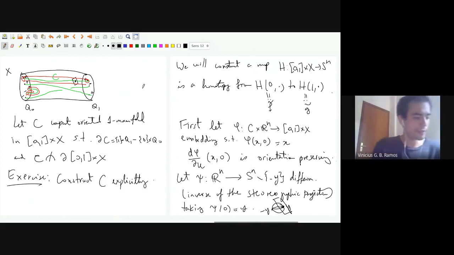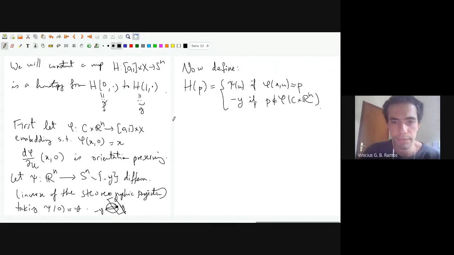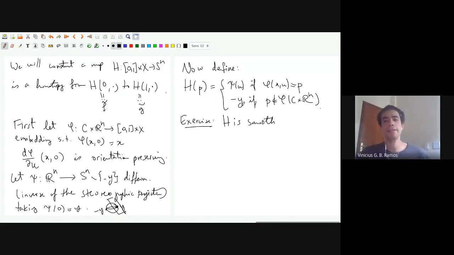And maybe an exercise is that H is smooth. It's not so obvious that it's going to be smooth along the boundary of this tubular neighborhood, but it is smooth.